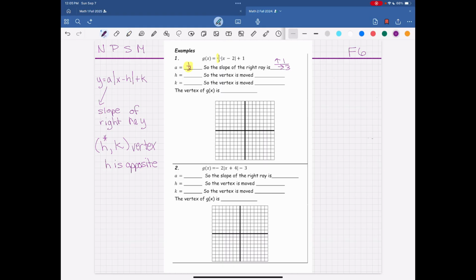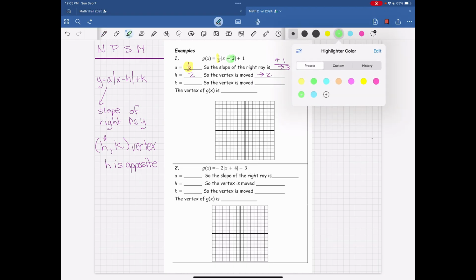Next up is H. In our example, H is the 2. Remember, it is the opposite. If you read that as -2, then the opposite of -2 is 2. And so the vertex is moved right 2. And that is our H value.